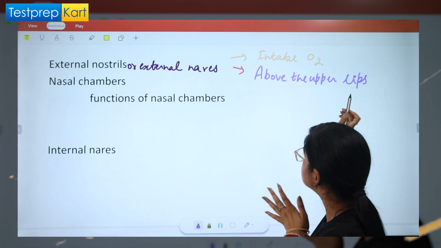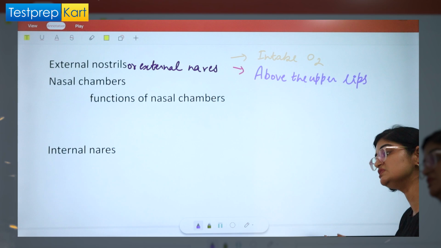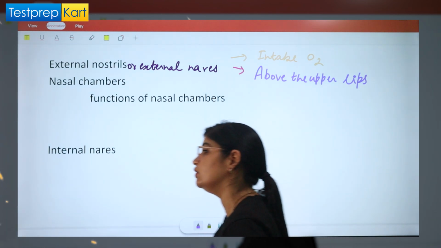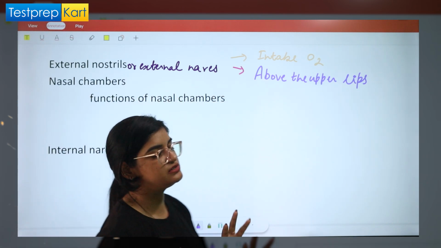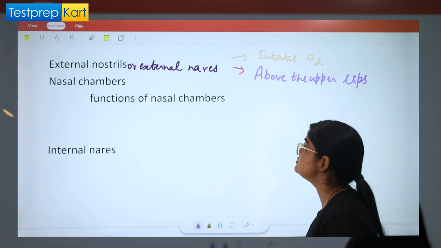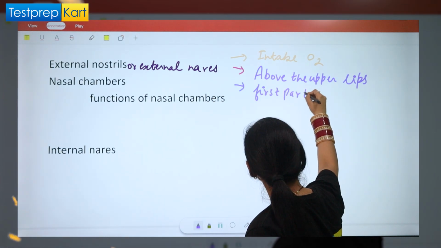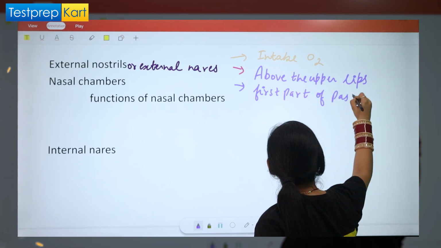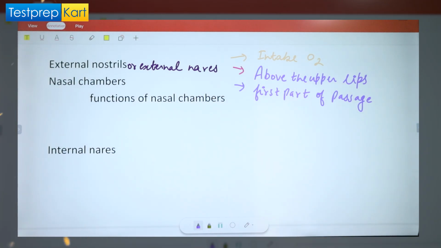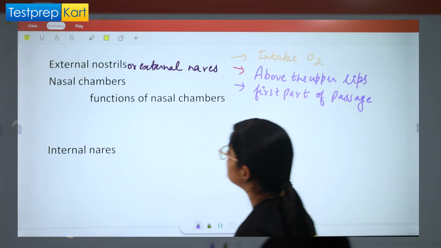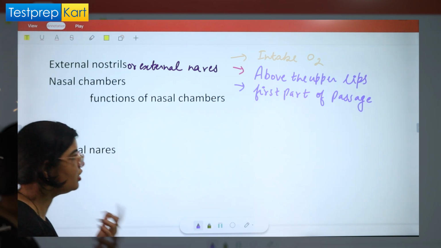So these two points are important about the external nostrils: they are meant for the intake of air, or oxygen, and their opening is present just above the upper lip. It is the first part of the respiratory passage, as we discussed earlier in the flow of the respiratory structures. It is the main part meant for the intake of air, that is, the oxygen.